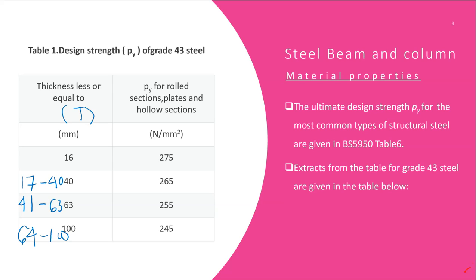Okay, so kalau katakan T tu size dia T is less than or equal to 16, PY dia akan dia buat that particular steel pakai strength 275. Macam itulah. Okay, so kalau thickness dia 17 ke 40, PY dia adalah 265. Macam tu. So this is the standard.